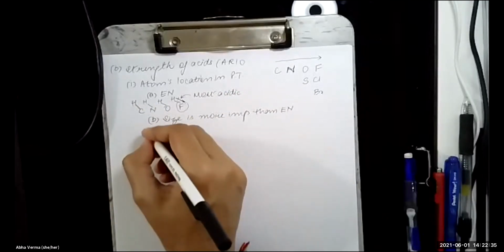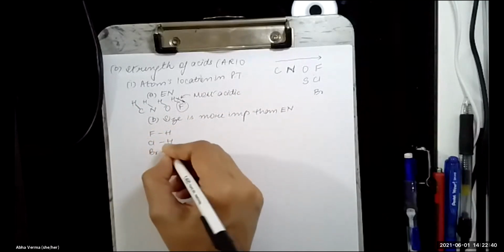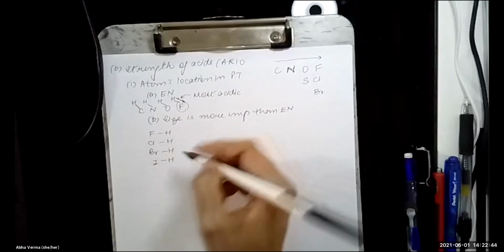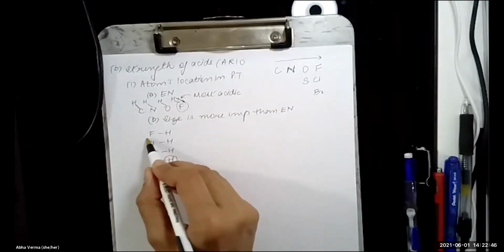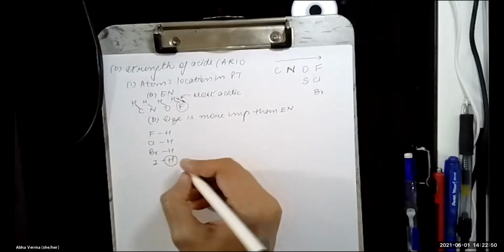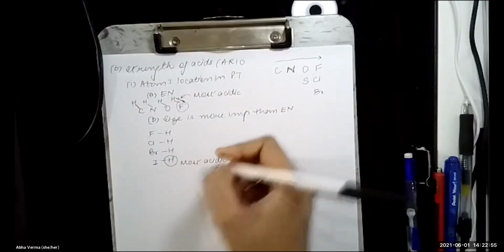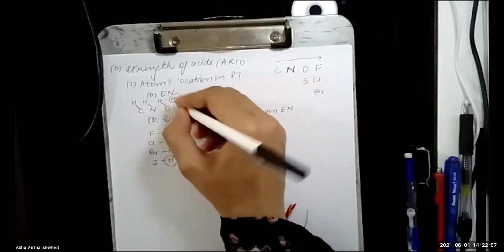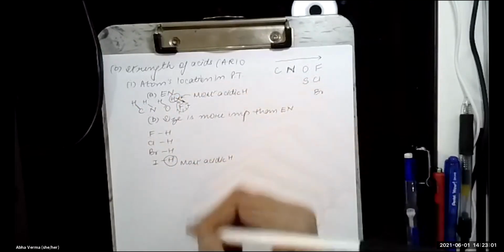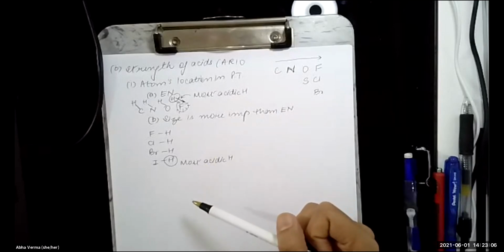However, if you have to compare fluorine, bromine, and iodine, as you go down, even though fluorine is the most electronegative element, it is the hydrogen on iodine that should be the most acidic hydrogen. So size is more important than just electronegativity.